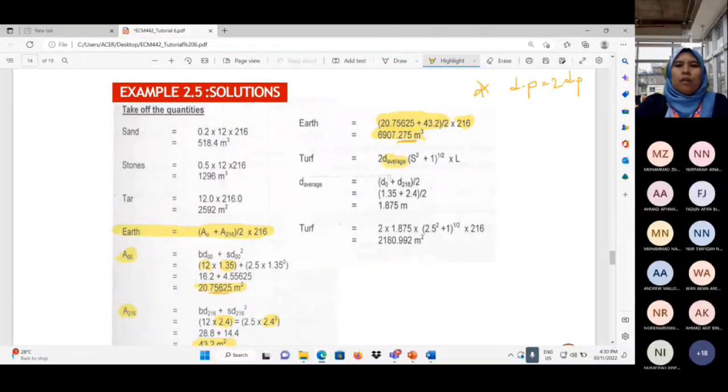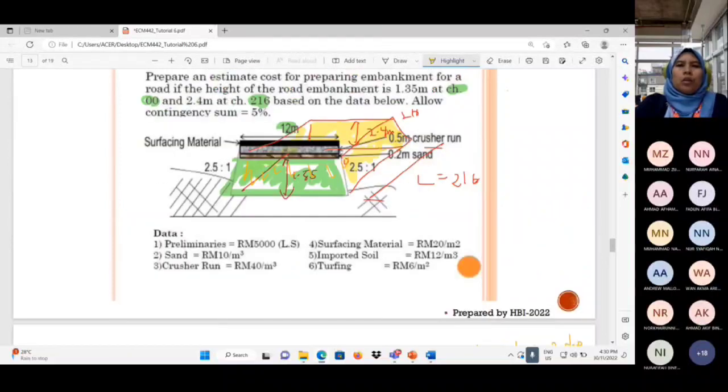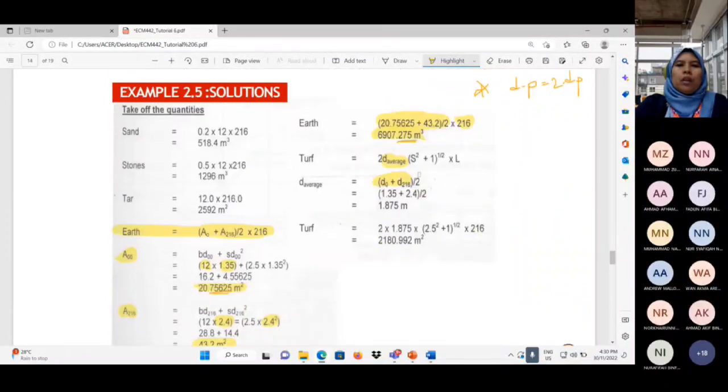In order for you to get the D average, D at chainage 00, you plus with D at chainage 216. You divide by 2, you will get the D average. So you use the D average, masukkan kat dalam formula. Pastikan formula you betul, dan you calculate tak ada careless. You will get this area.